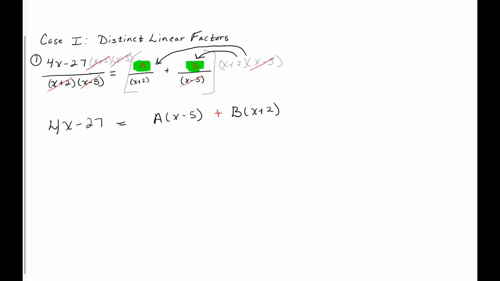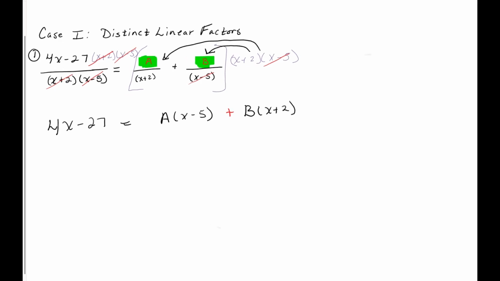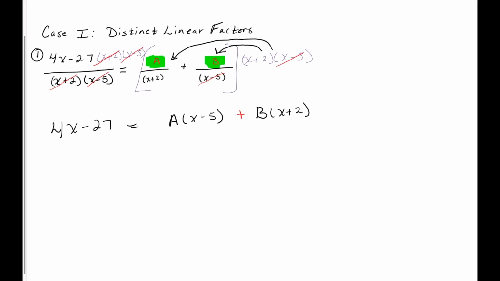Now we have what appears to be a very simple system of equations, but it's really just one equation. We're just going to make some wise choices, and I talk about wise choices when I go over this in class. Wise choices for x, because we're going to pick a value for x that will help us solve for these two important values, a and b.